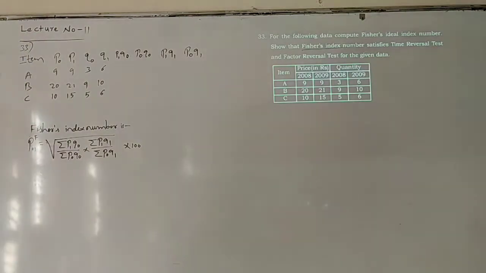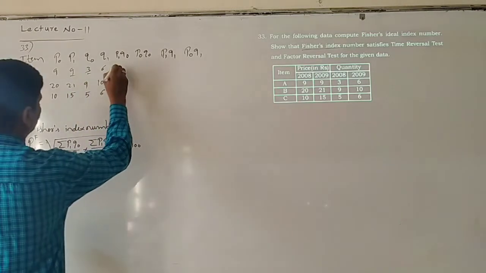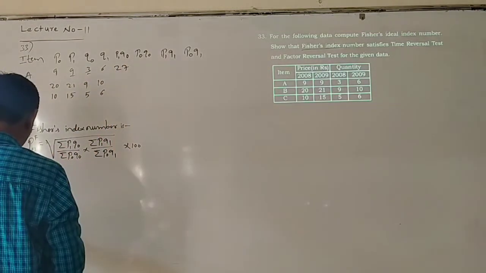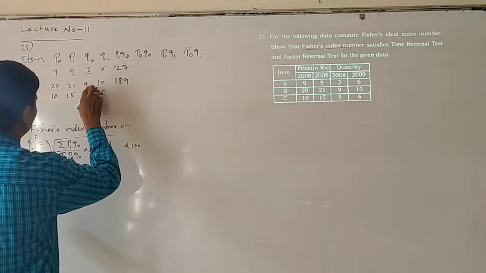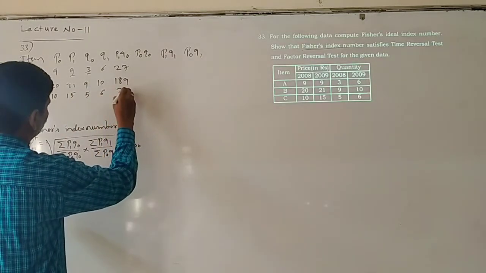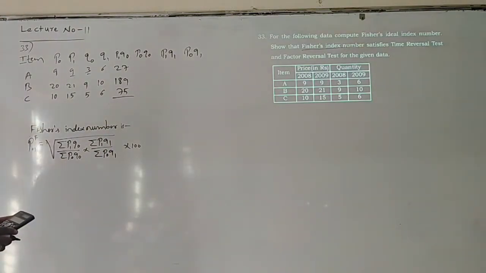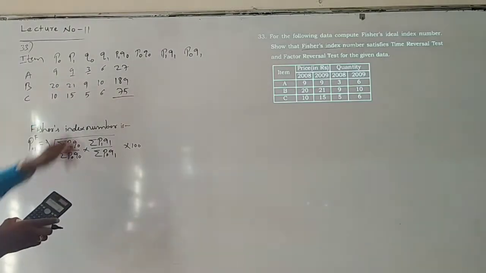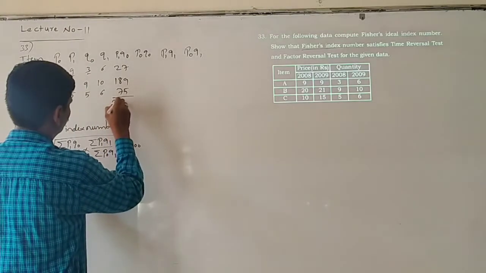Okay, here first you have to multiply P1 into Q0. P1 value is 9 and Q0 value is 3. 9 times 3 is 27, 21 times 9 is 189. Next 15 times 5 is 75. Sum of P1 Q0 is 27 plus 189 plus 75, which is 291.